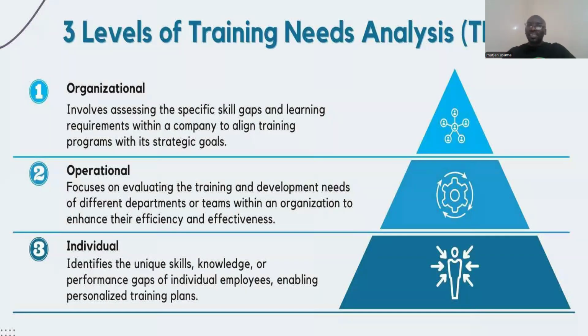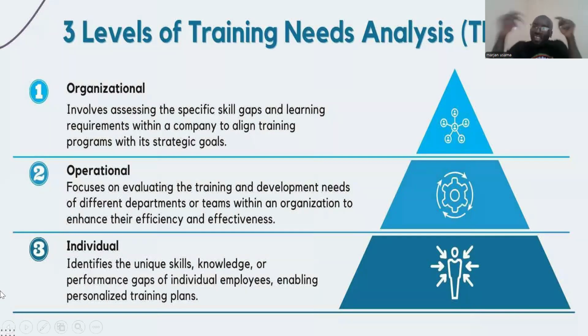If you go to the faculty of nursing, their training is very different. So this is the meaning of operational. In an organizational context, maybe the department of marketing has training needs different from the department of production, and the training needs of production are different from the finance department. So operational means each and every department has its own unique training needs that are different from the other departments.